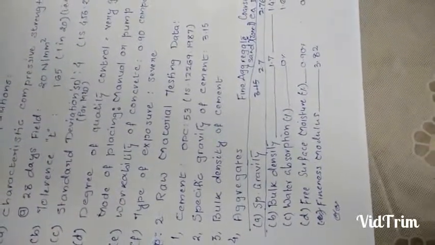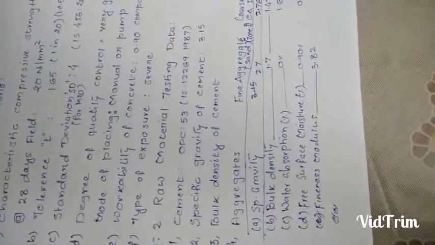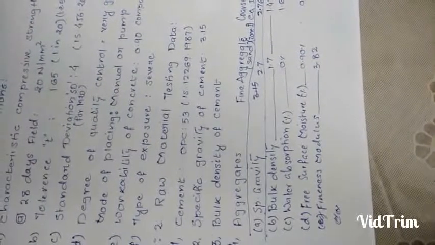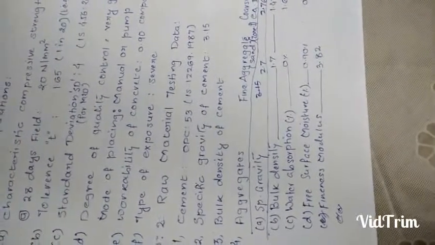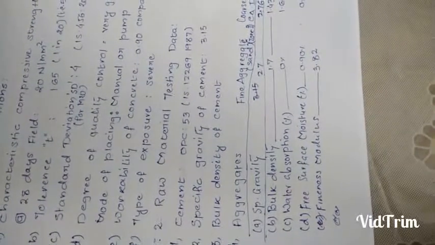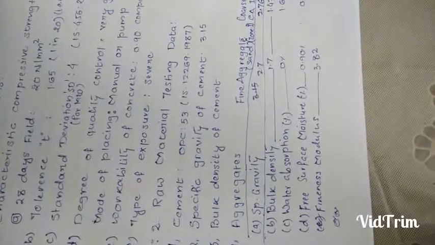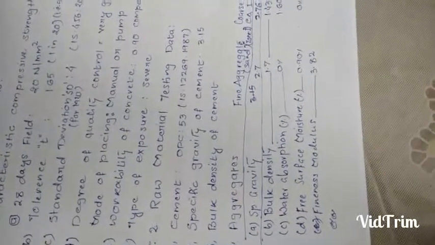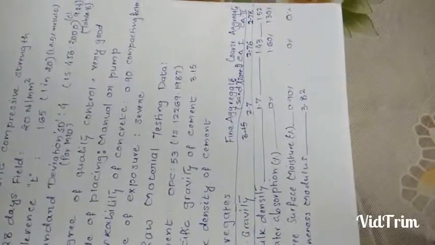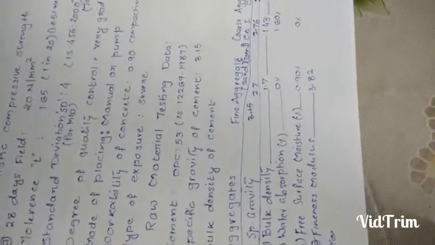We have considered fine sand as fine aggregate, conforming to Zone 1, and its fineness modulus, as per the data, is 3.82, right? In coarse aggregate we have CA1 and CA2, right?